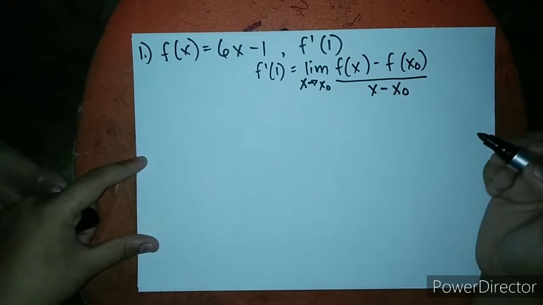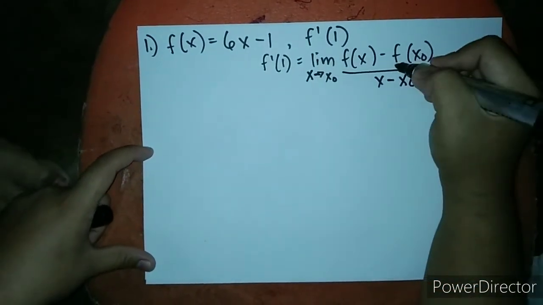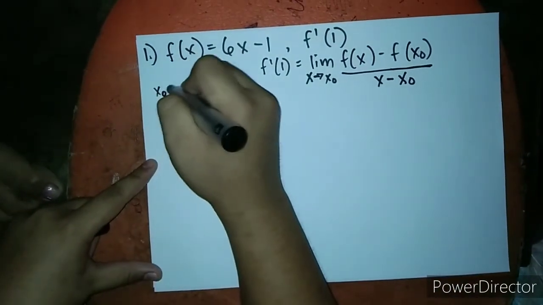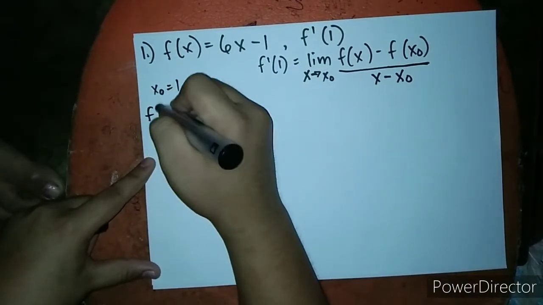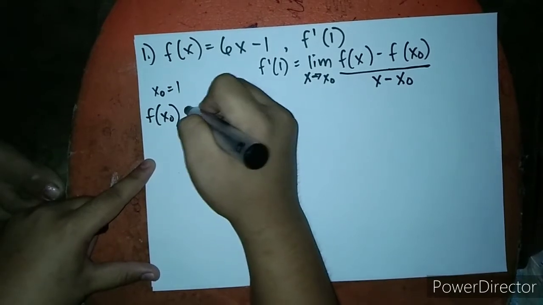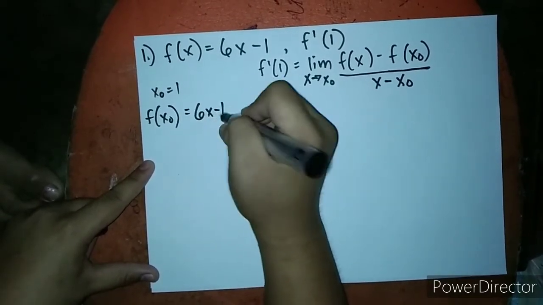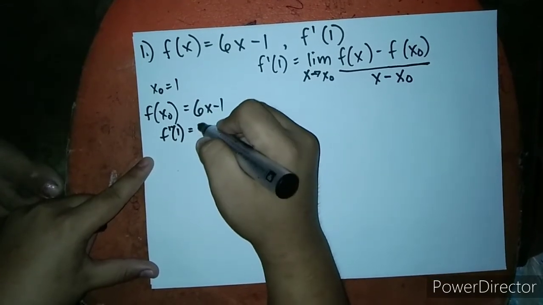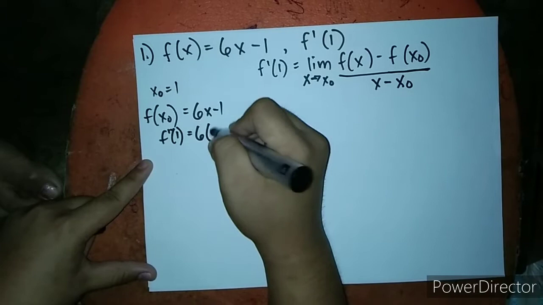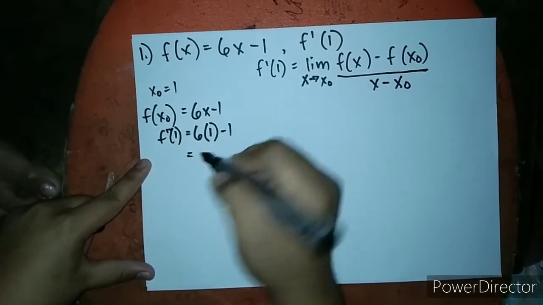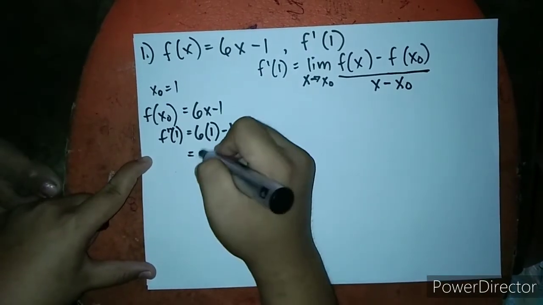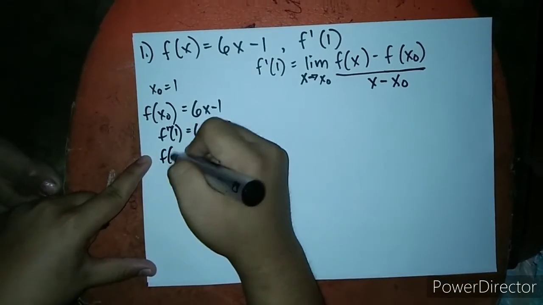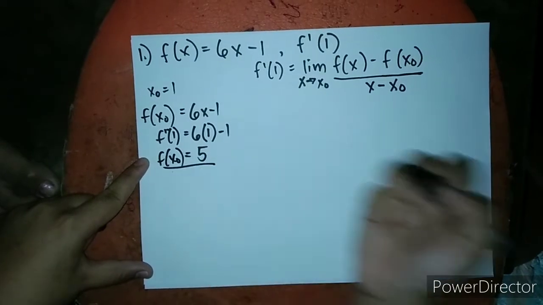Una nating gagawin ay hanapin ang f of x sub 0. Ang x sub 0 natin ay 1. So, f of x sub 0 equals 6x minus 1. Yung 1, ilalagay na natin siya sa x. So, 6 times 1, 6 minus 1, 5. So, ang f of x sub 0 natin ay 5.